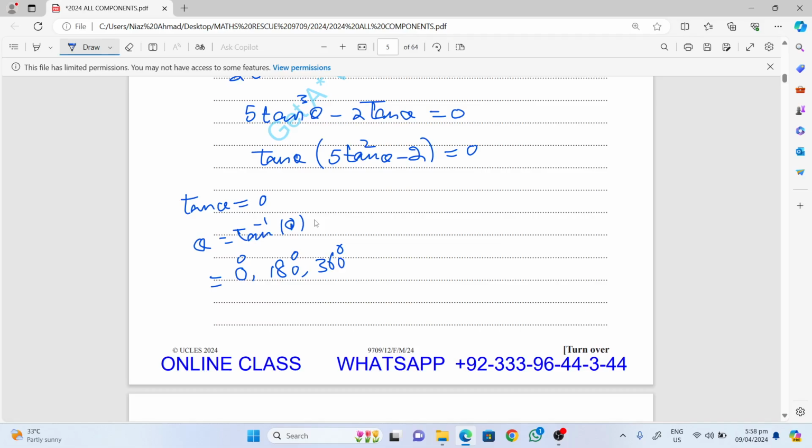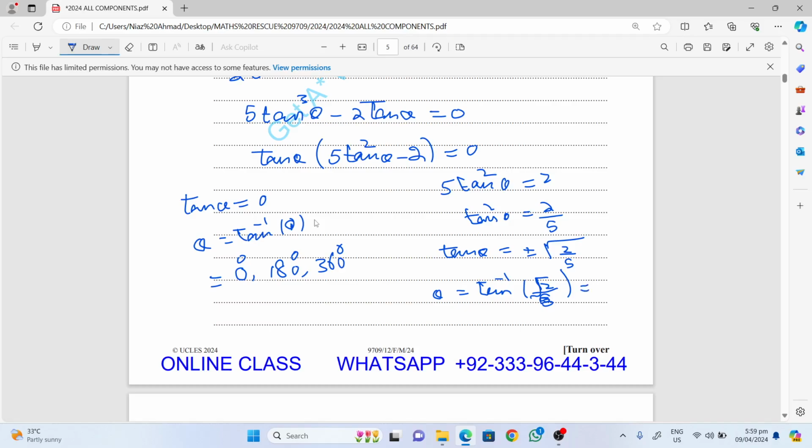But when you have the second equation, this is your 5 tan square theta equals 2, so tan square theta equals 2 by 5, tan theta equals plus minus under root of 2 over 5. So theta will be tan inverse of under root 2 over 5.